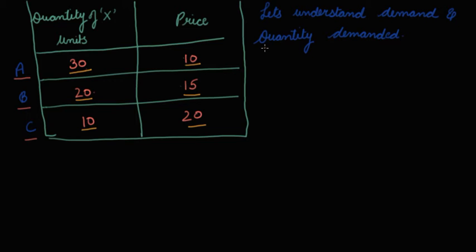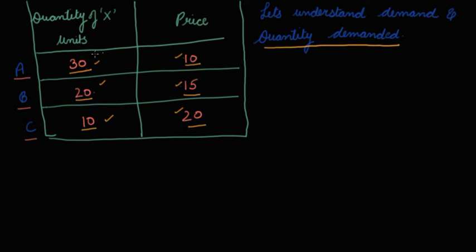Just now we understood what the quantity demanded is. Individually, these are the quantities demanded at particular price levels. When various quantities of a commodity that the consumer is ready to buy at different possible prices of that commodity are taken together, that is the demand.